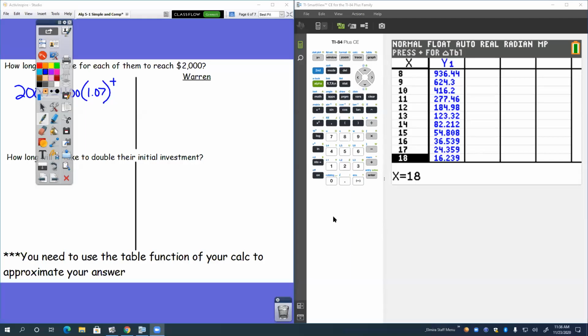Can you see both the calculator and the flip chart? Somebody respond to me. Yeah. Thank you. I didn't see the green circle like I normally do.